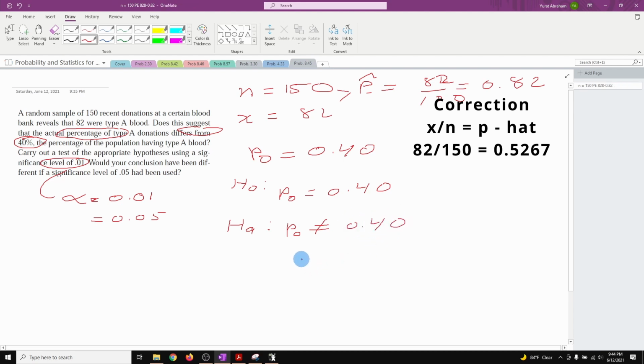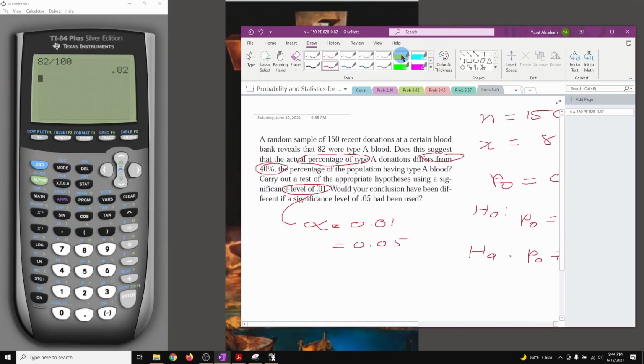Okay? All right. So we're going to be using the calculator because to answer this, we need to compare our p-value with the significance level. So let me first clear this.